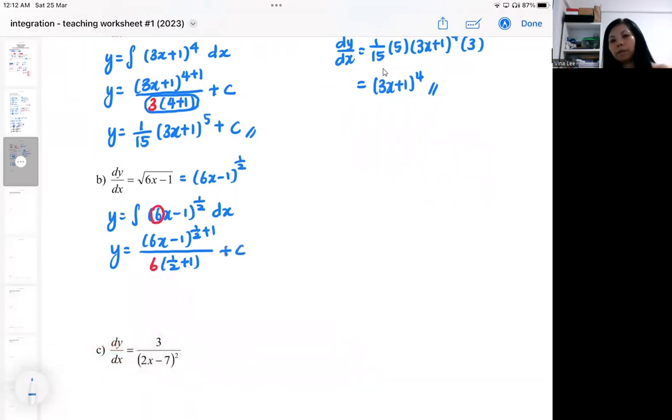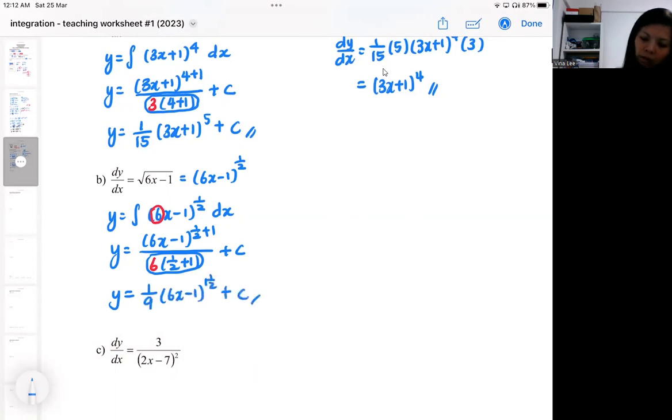Return the power, divide by new power, and don't forget your A. After that, you work it out carefully. You can punch the calculator on this part. I think you'll get a 9 if you punch the calculator. So the denominator is a 9. So that's it. That will be the answer.